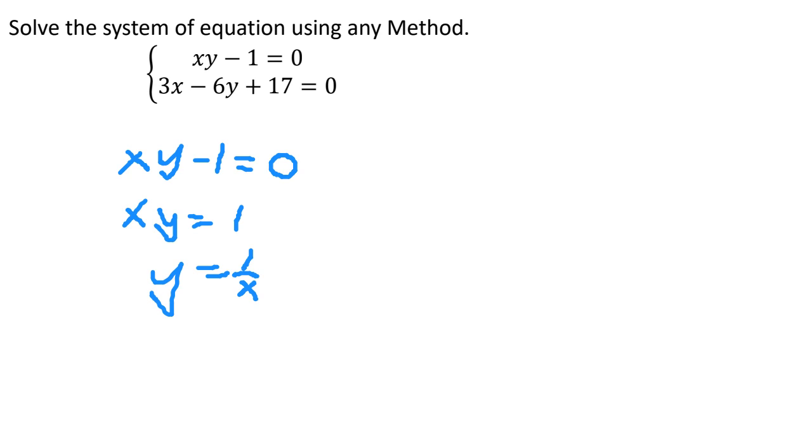We have 3x minus 6 times 1 over x plus 17 equals 0. Okay, so just as before, I want to get rid of this fraction, so I would multiply my equation by x.